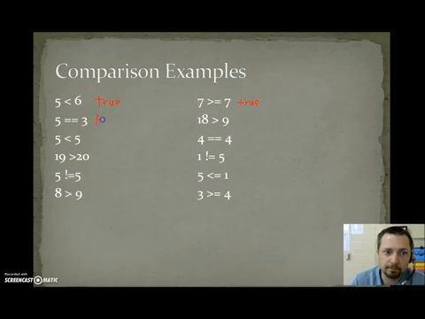No. That is a false statement. 18 is greater than 9. That is true. 5 is less than 5. That is incorrect. 4 equals 4. 4 is the value of 4, so yes, true.